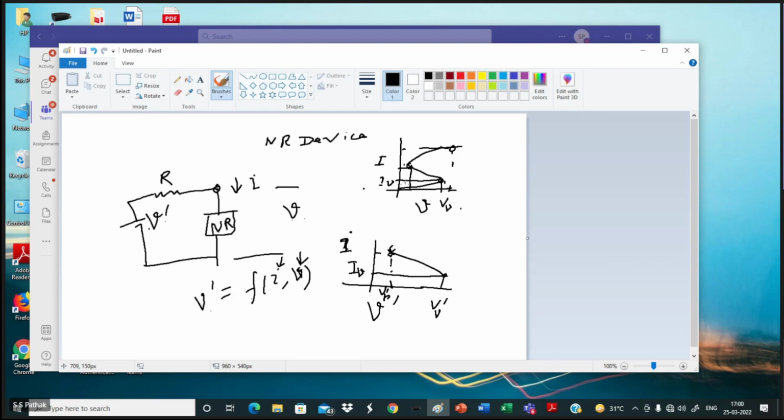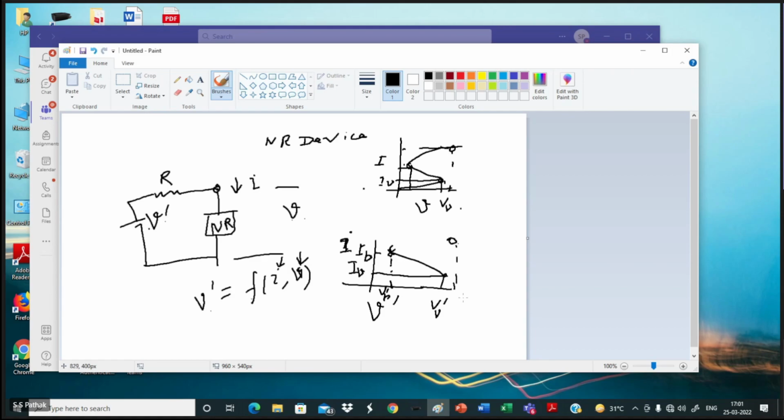For this VP, what should be my V dash P? Where current is known to me, by that you can solve it. So your R will play the role in computing that. So here also VP dash will change, I will remain the same as your IP. Now here again we find the same third point. You can compute here also.